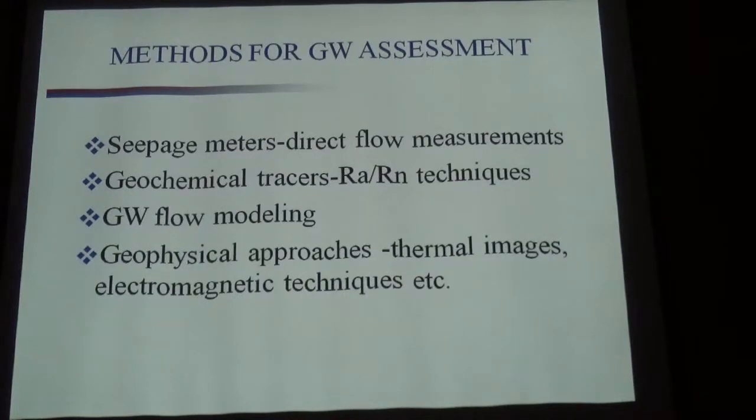How do we measure groundwater seepage? There are different ways. I listed only 4 of them. One of them is seepage meters. These are chambers, physically measuring flow. The other way is geochemical tracers. So we use the disequilibrium of radon and radium in the surface water to calculate groundwater discharge.